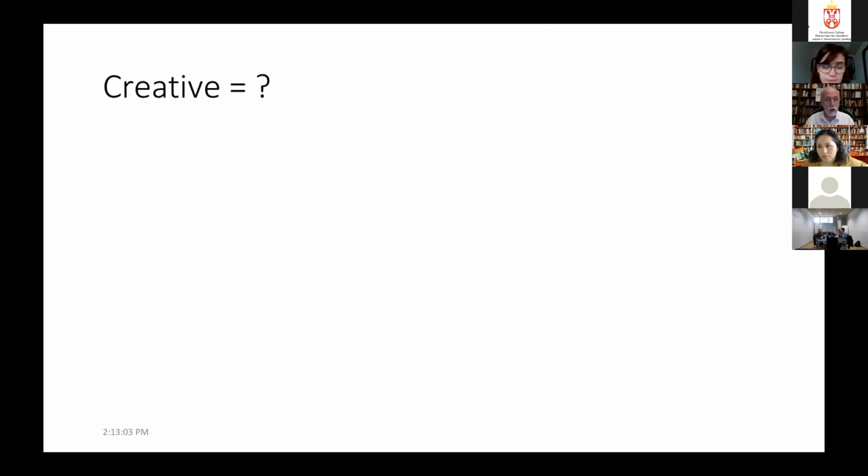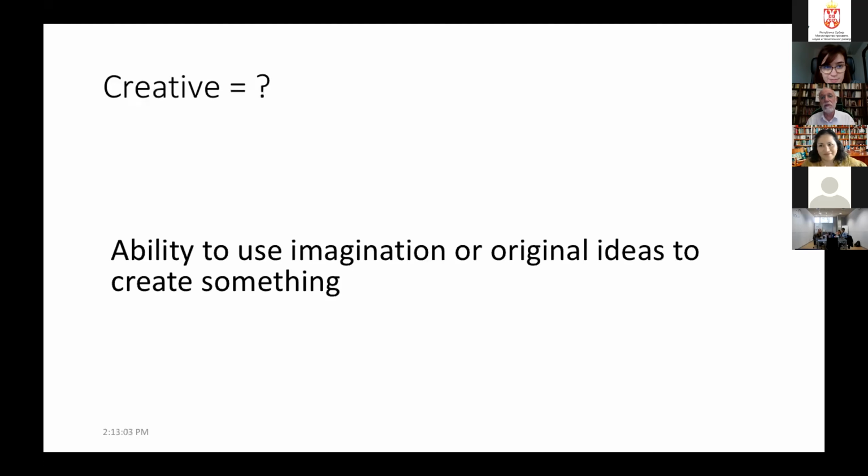I hope I am going to teach you how to use it in real life. Maybe I'm successful. So creative means to be able to imagine and to have new original ideas and to bring something new to the world. New is the word.